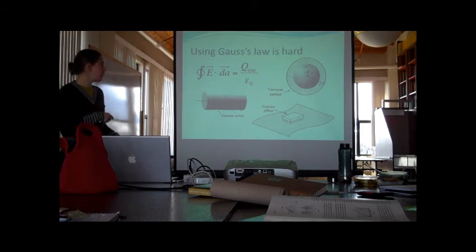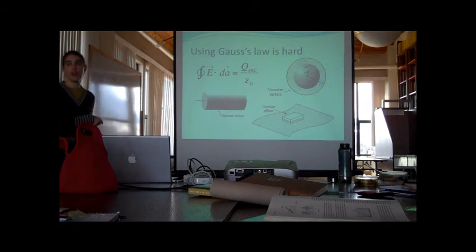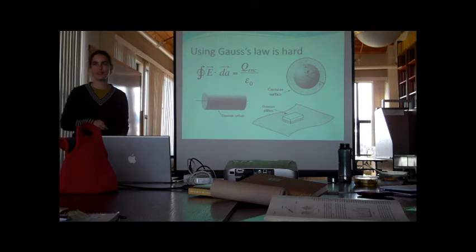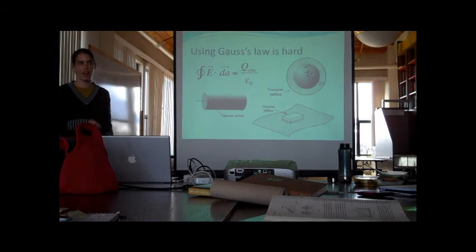So in order to use this, you have to be able to say E is a constant on the surface I've chosen, and I know what E dot dA is, so I can pull this out of the integral and just get EA on this side. So it turns out there's really only three kinds of symmetry that you can exploit to use Gauss's law.